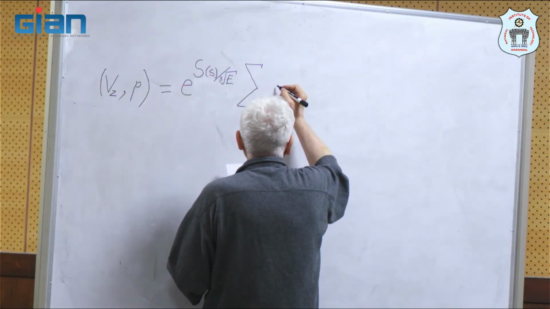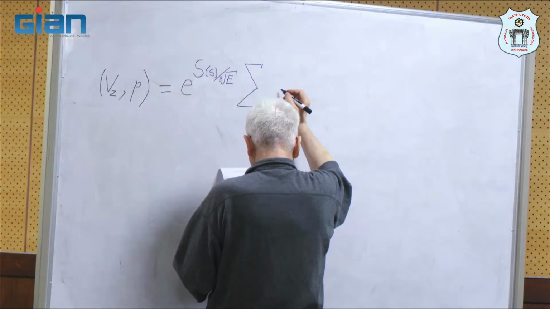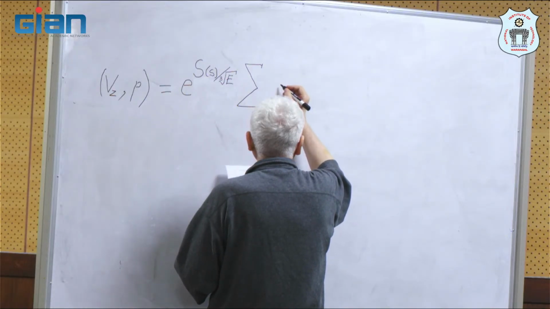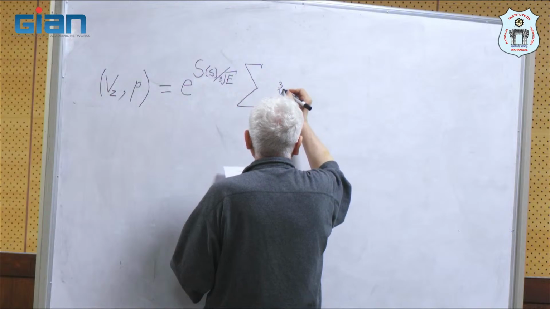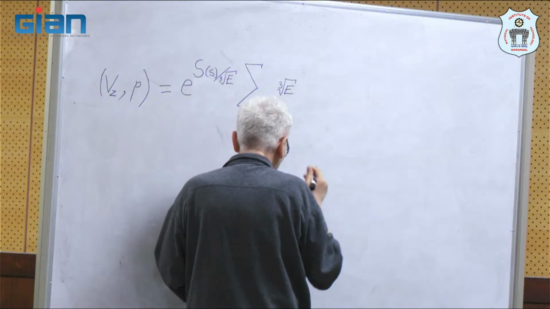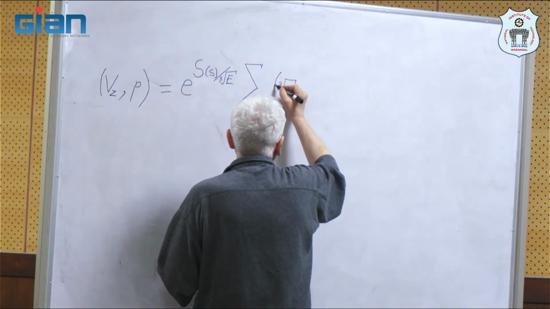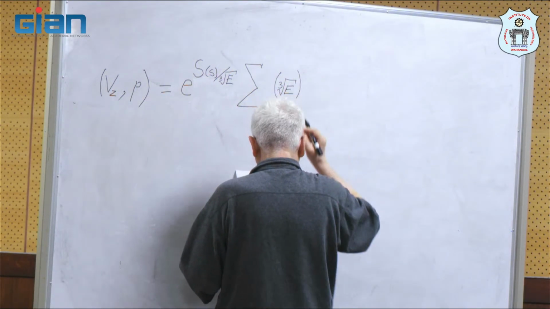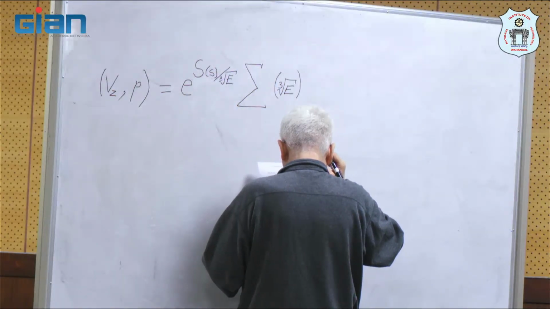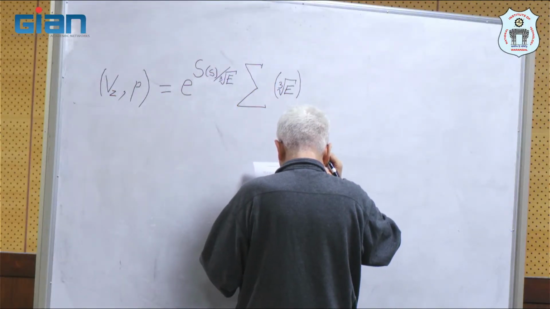We just take the square root of the Ekman number, multiplied on n.